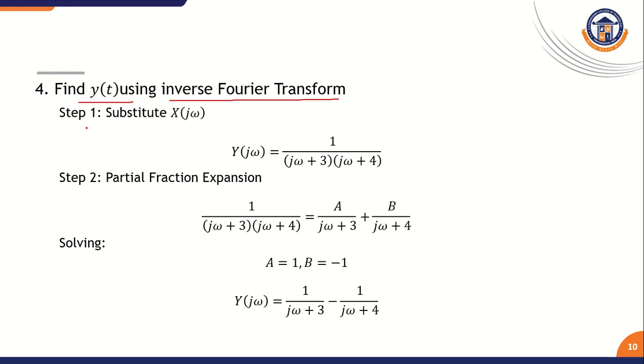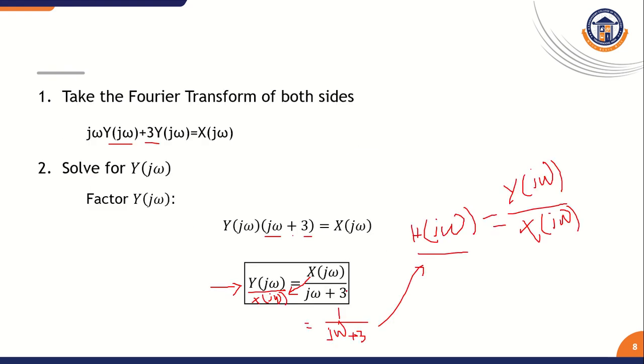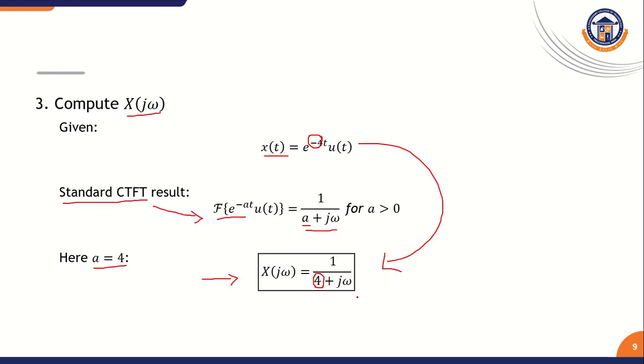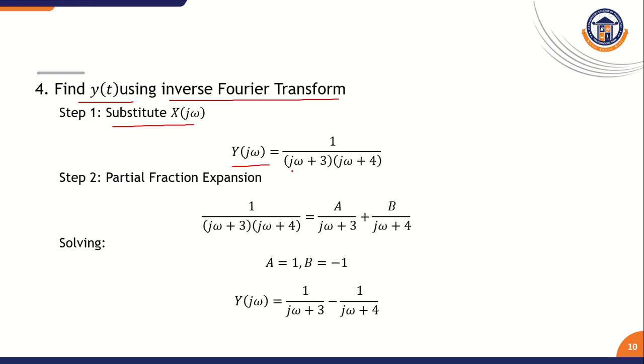Let us discuss step by step. Substitute capital X of j omega into the capital Y of j omega equation. That equals 1 divided by (j omega plus 3) into (j omega plus 4). From this expression, we can apply the partial fraction concept.